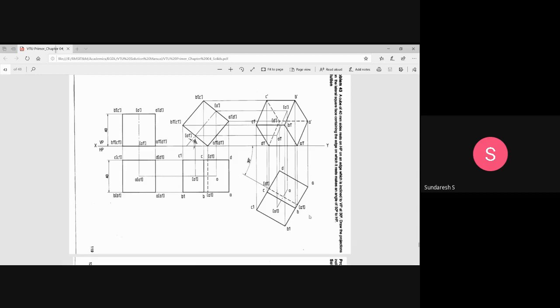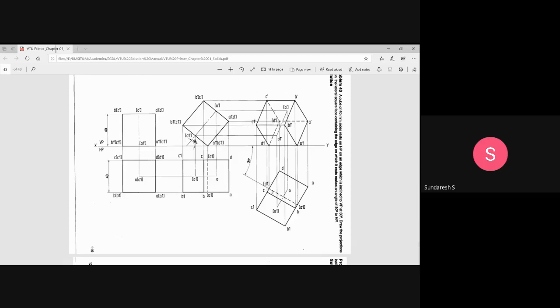From that line, you measure the required angle of inclination. In this case, the side is inclined to VP at 30 degrees, so from that parallel line, draw a line at 30 degrees.